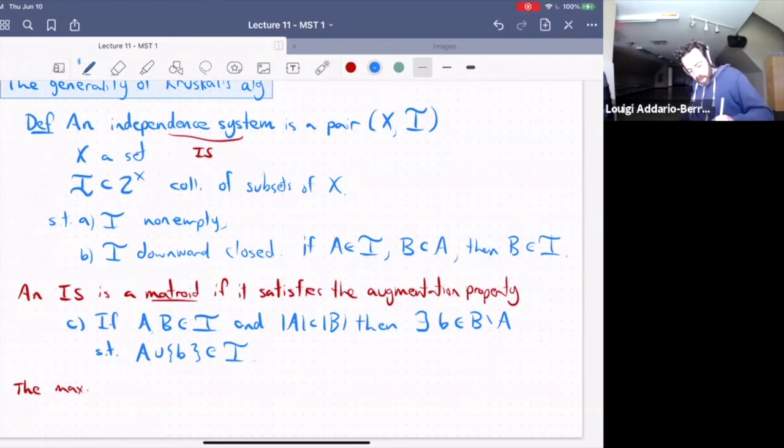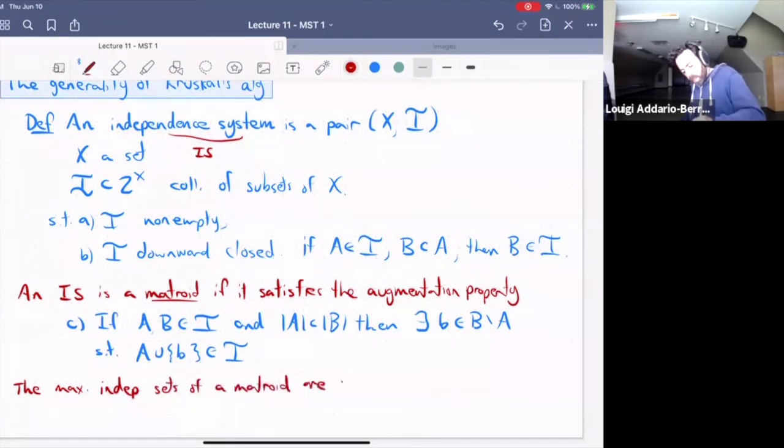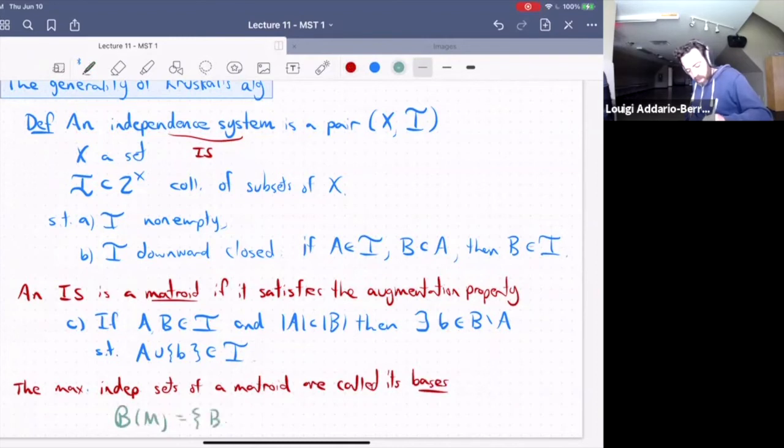So the maximum independent sets of a matroid are called its bases. Okay, so I'll write script B for that.